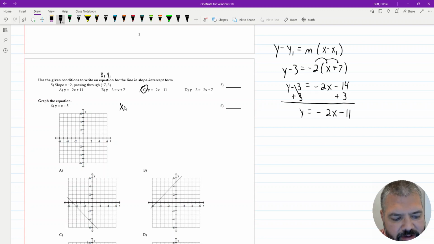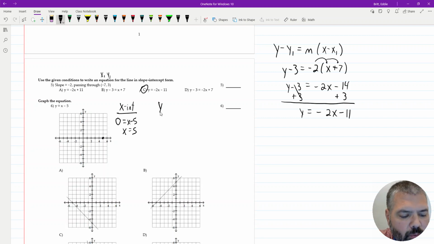To find the x-intercepts, you set y equal to 0 and solve for x. So in my equation, where I have a y, I'm going to make that a 0. And now solve for x. Just add 5 to both sides, and I'll have x equals 5. So what that tells me is this thing has to cross at x equals 5.